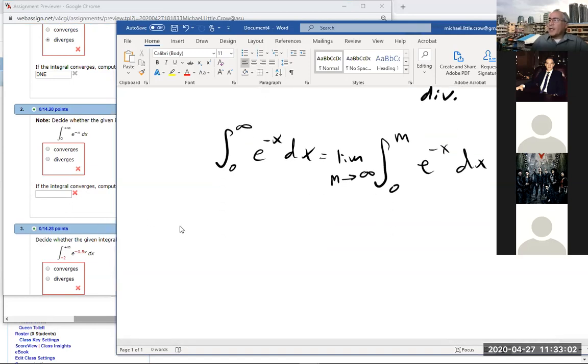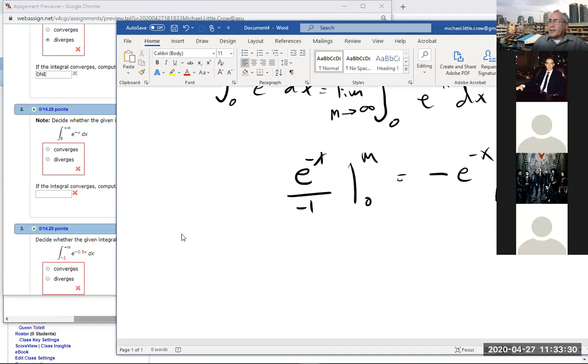So just remember, when we integrate e to the minus x, that is e to the minus x over the constant in front. And again, we go from the limits. We can write this a little nicer just as minus e to the minus x, going from 0 to m.